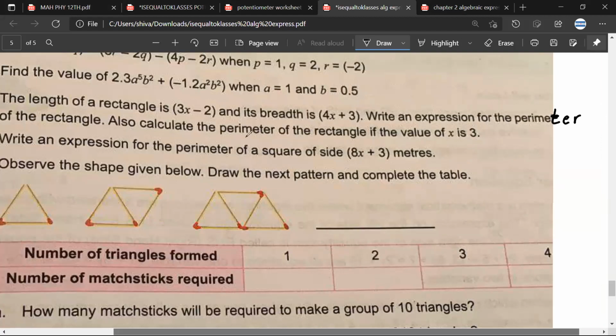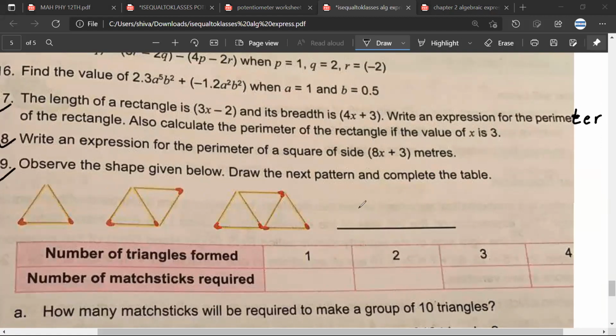Were you able to do this? Draw the next pattern and complete the table. Mr. Sarthak, yes, sir. Mr. Aryaman. Yes, sir. The number of triangles formed 1. Sarthak, what are the number of matchsticks required?